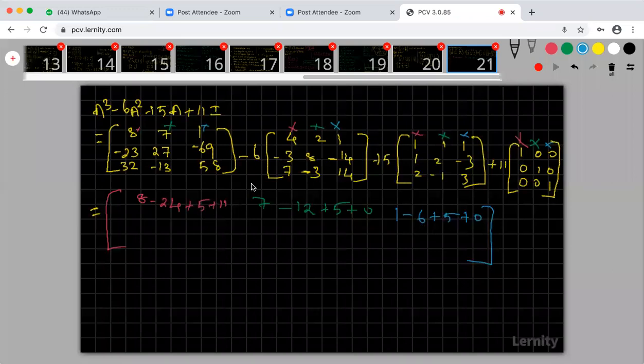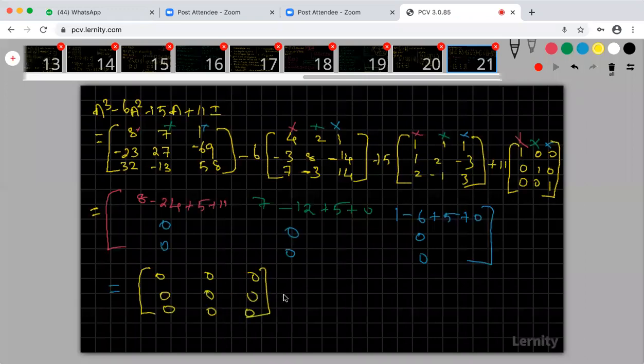In the same procedure you have to apply for the second row elements and third row elements. You get the answer 0, 0, 0, 0. Okay, here also 0, 0 and 0. So therefore finally you will get it as zero matrix. What we are getting is 0, 0, 0, 0, 0, 0, 0, 0, 0.